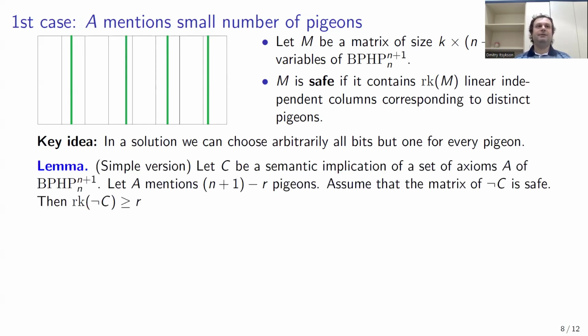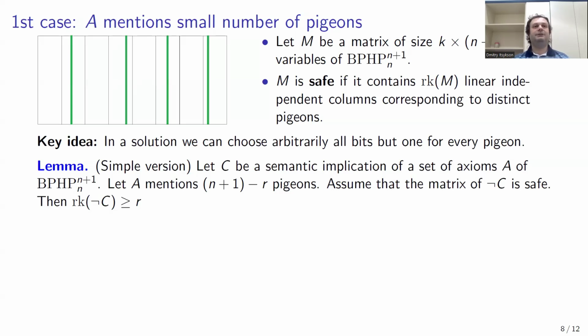Okay, consider the following lemma. Let C be a semantic implication of a set of axioms A, and assume that A mentions all but R pigeons. Assume also that the matrix of the negation of C is safe.